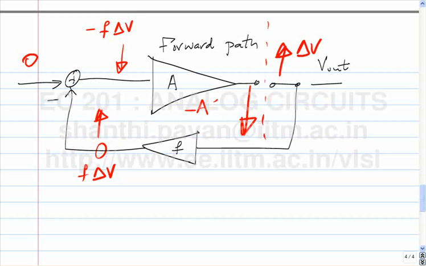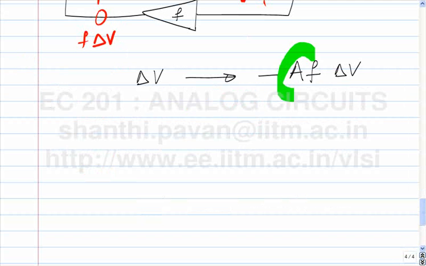Minus A F delta V. So if you cut open the loop and you excite the loop with delta V, what comes back is the opposite sign of what you put in, AF delta V. This quantity kept appearing in all our equations, this AF. And what is this? As we saw, it is the gain that one gets around the loop when you break it. If you break open the loop and apply a stimulus at one end, what you get out at the other end is AF times delta V in the opposite direction.